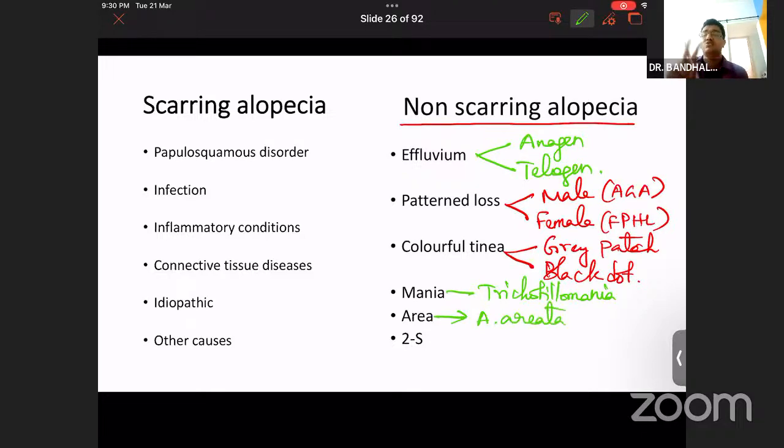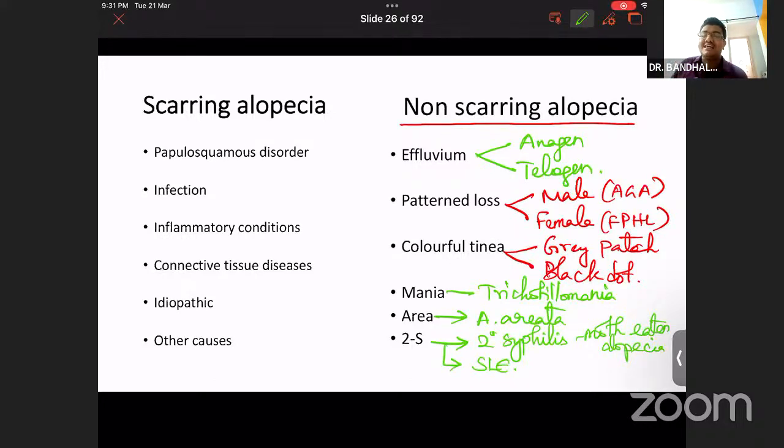And 2S. One is secondary syphilis, which is causing the moth-eaten alopecia. Another S is SLE. SLE per se will lead to non-scarring alopecia.